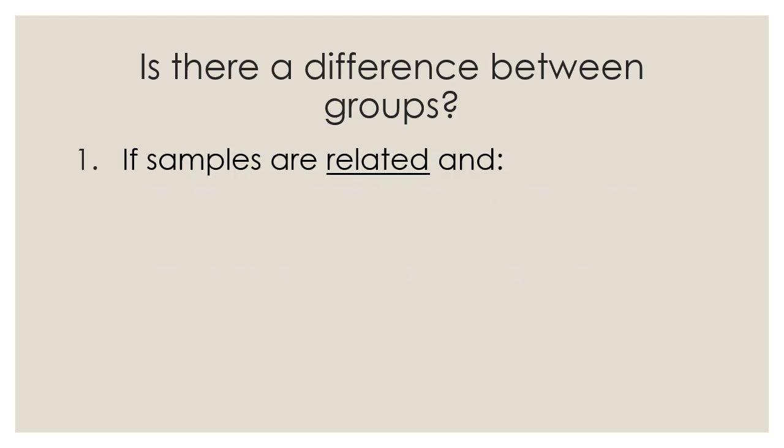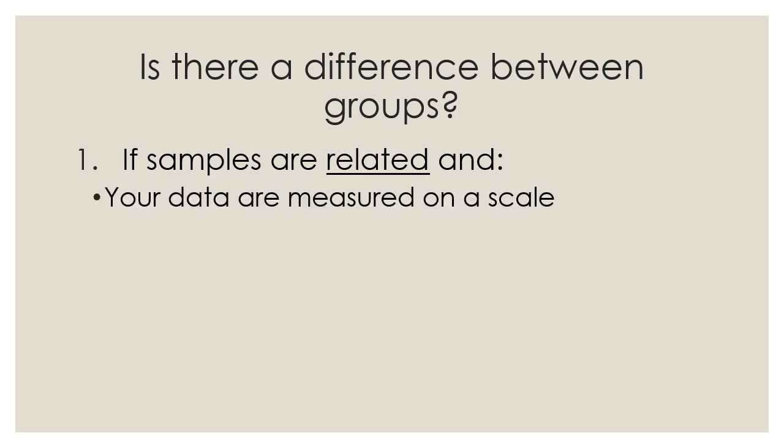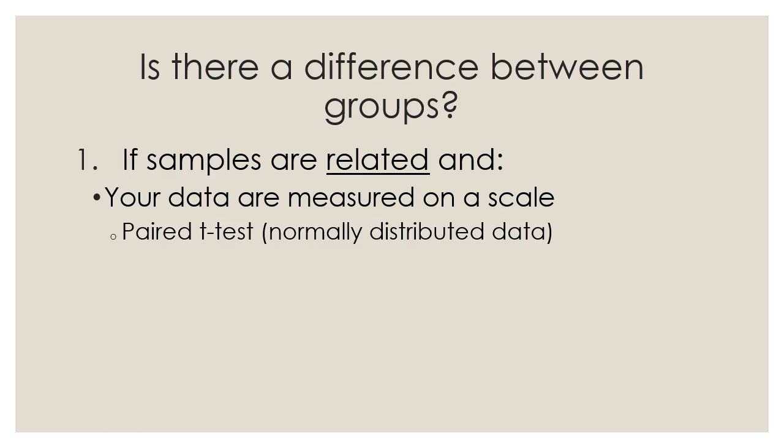If your samples are related, then you got to determine whether your data are on a scale or if they're categorical. Okay, so if your data are measured on a scale, then the paired t-test is used if your data are normally distributed.